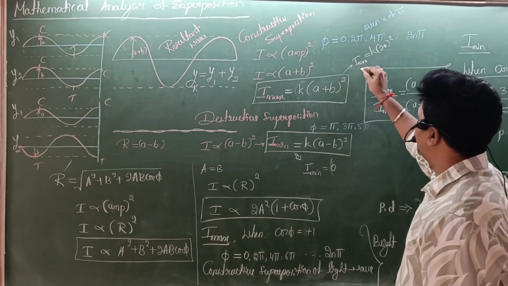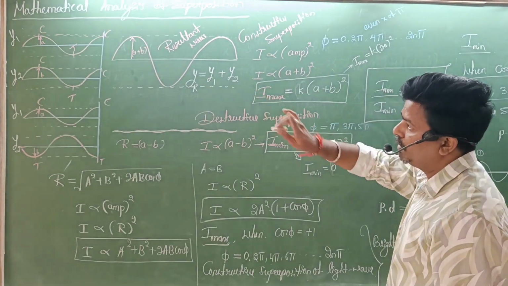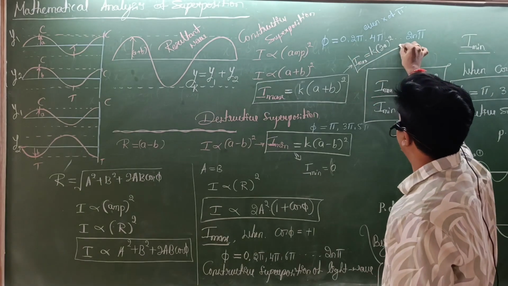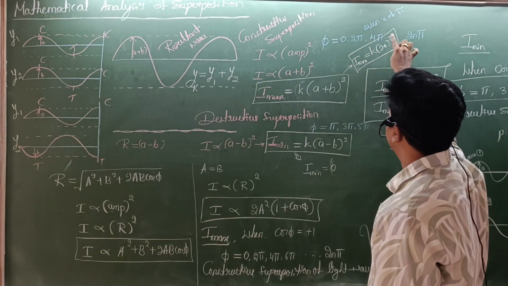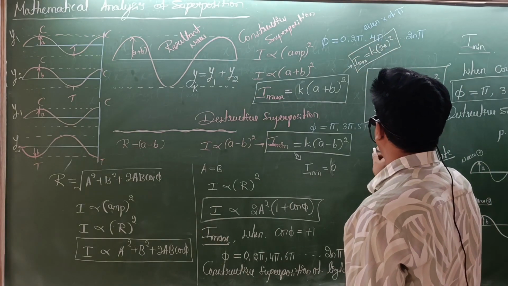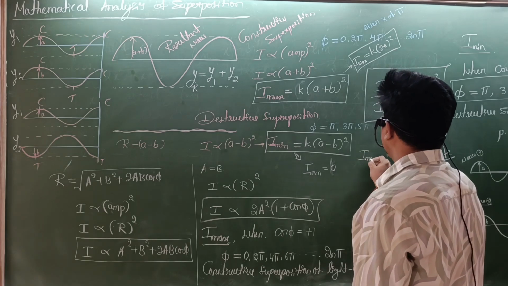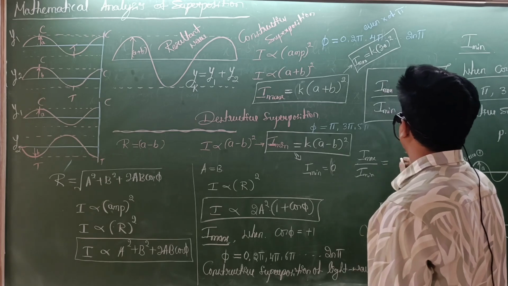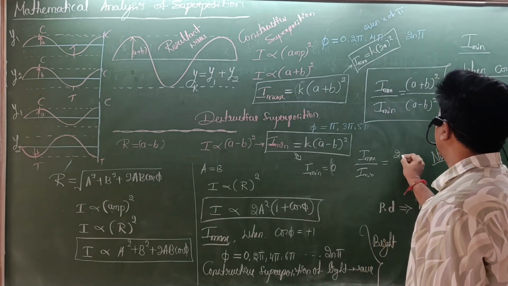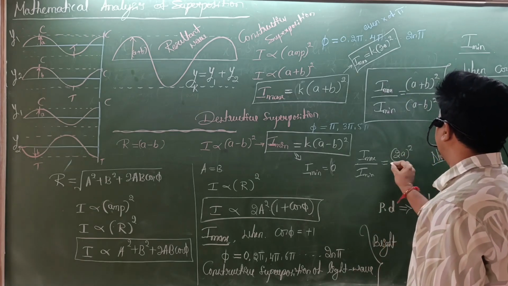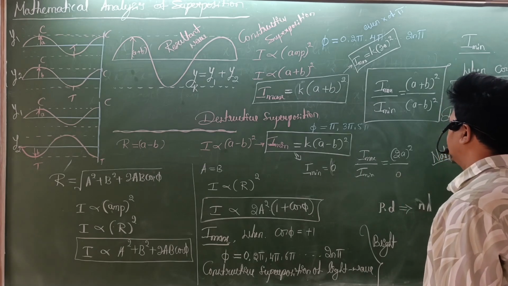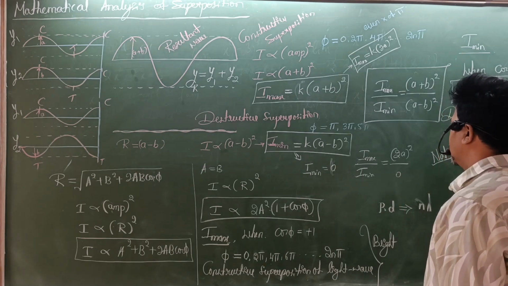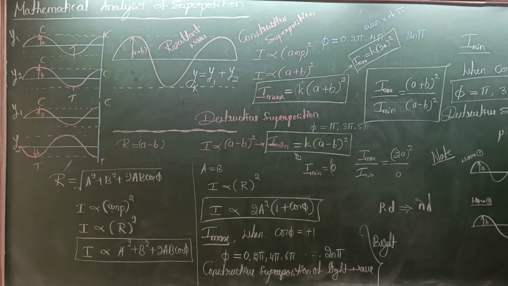Therefore, if the amplitudes of the two waves are equal, then the maximum intensity is k into 2a whole squared and the minimum intensity is 0. The ratio of maximum to minimum is 2a squared divided by 0, and anything divided by 0 is infinity.